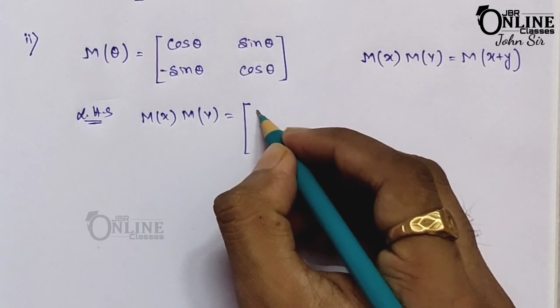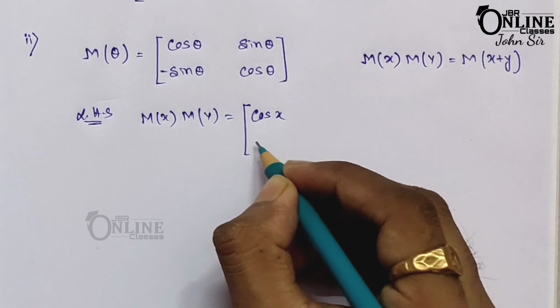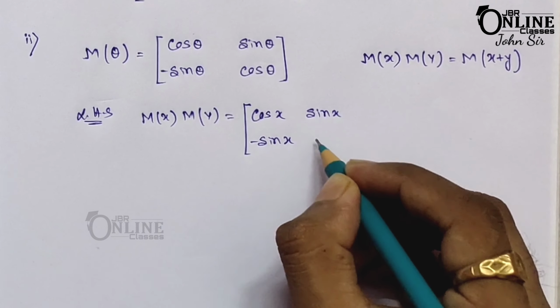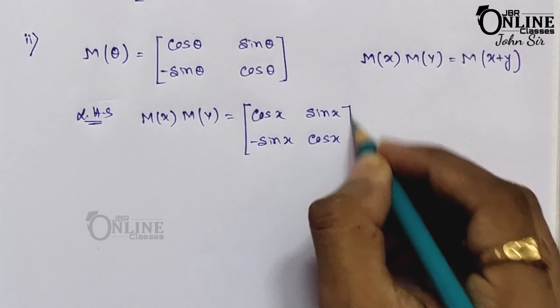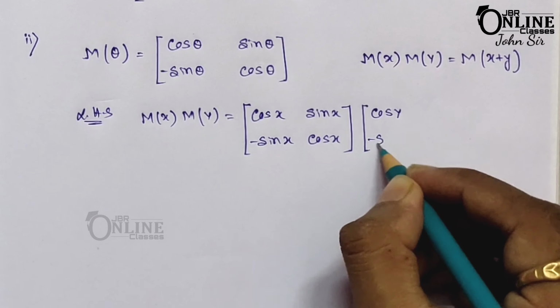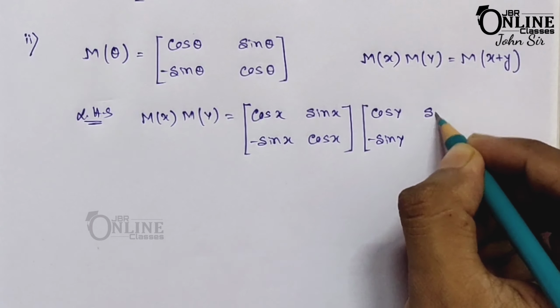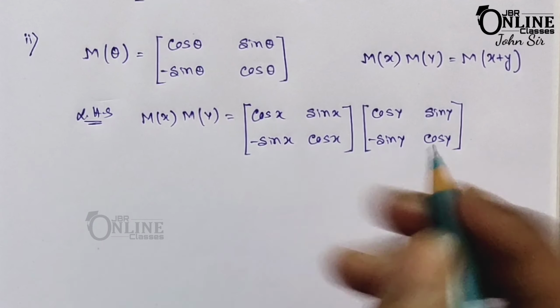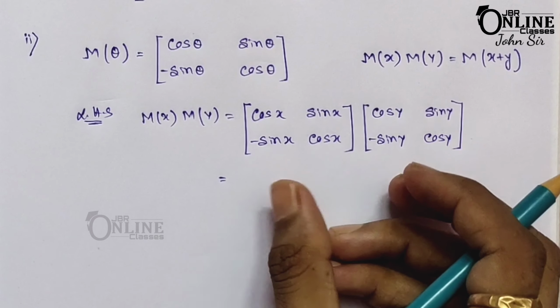So for Mx, write down cos x, then minus sin x, here sin x, and here cos x. And for My it will be cos y, minus sin y, then sin y, and the last one will be cos y. Now you have to multiply.